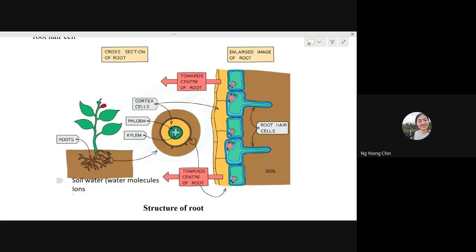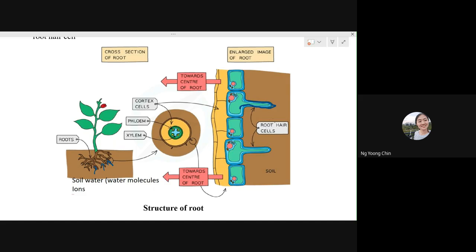So the water needs to diffuse from the soil and enter into the roots. The first place it will enter is the root hair cell. So this is a root hair cell. You heard about it before in chapter 1. A root hair cell is a specialized cell on the root part of the plants.